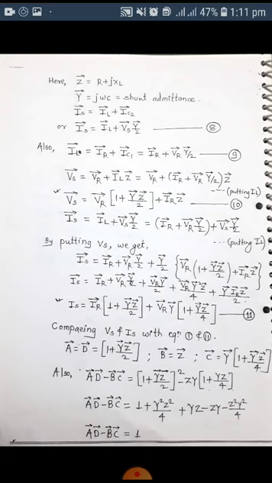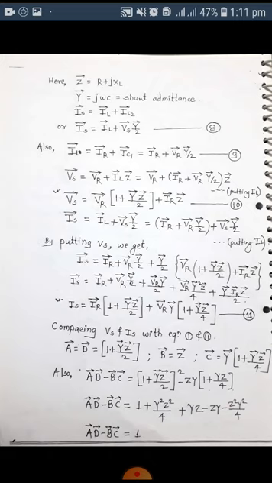Now, again put the value of Vs, so that we will get Is as IR plus Vr Y by 2 plus Y by 2 inside the bracket value of Vs, Vr into 1 plus YZ divided by 2 plus IR into Z. Therefore, Is becomes IR plus Vr Y by 2 plus Vr into Y by 2 plus Vr Y square Z divided by 4 plus YZ IR divided by 2.